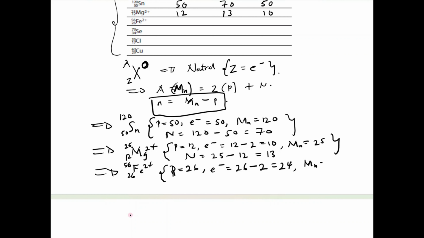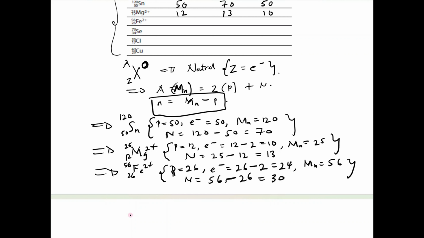The mass number is 56. So our neutron number will be equal to 56 minus the number of protons, which is 26, and everything will give us 30.